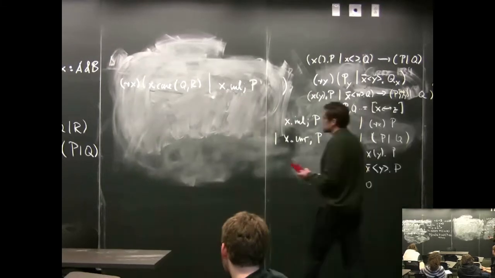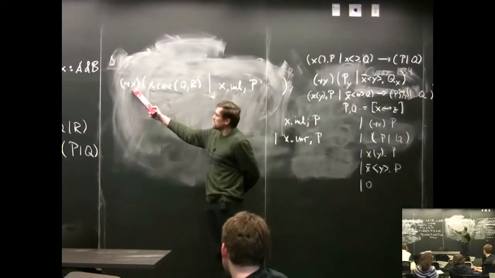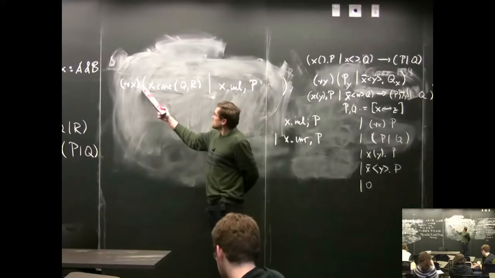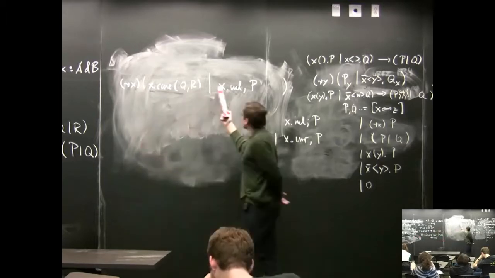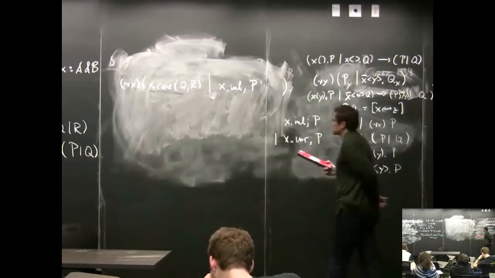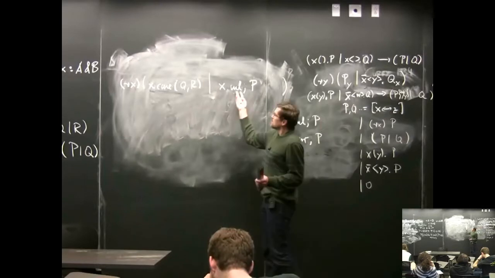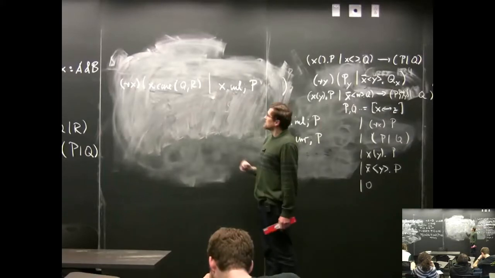Remember, a cut is always a name restriction because we communicate along a private channel, and then we have the thing that realizes the service here, and then we have the consumer over there. The consumer says, give me the soup or the salad, and then that has to react.